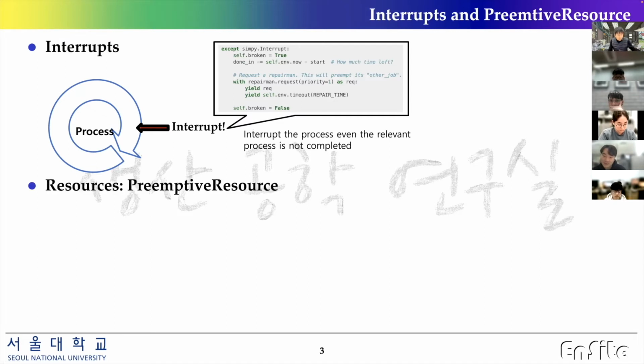The second important concept is the preemptive resource. A preemptive resource is a kind of resource that can have a priority attribute. The default resource is used sequentially, in the order in which the requests are triggered. But the preemptive resource has priority.